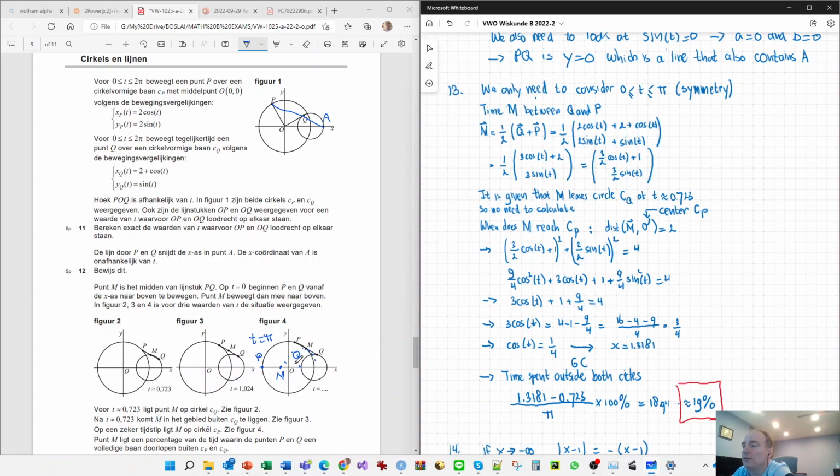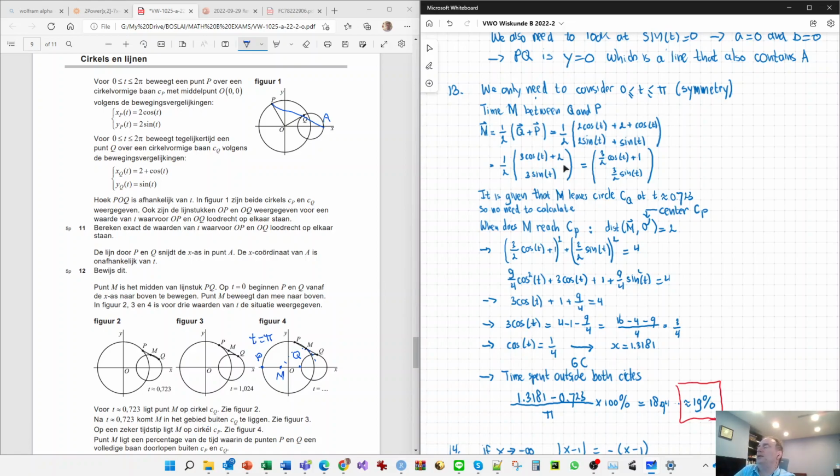We already know at 0.723 it moves out of circle CQ, so we just need to calculate when it starts touching circle P. That time interval will then be almost the answer.